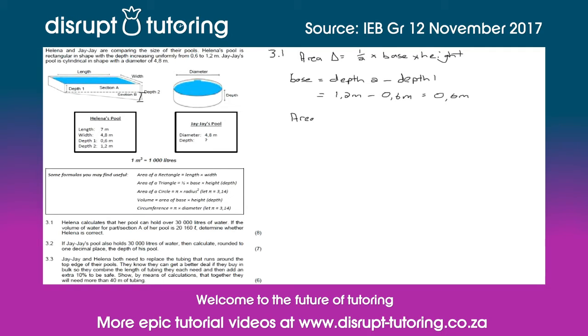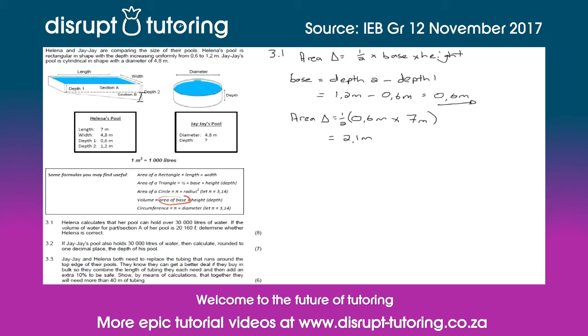Area of the triangle equals half times your base, which is 0.6 meters, times the height, which is 7 meters. Putting this into your calculator, you get that the area of the triangle is 2,1 meters.